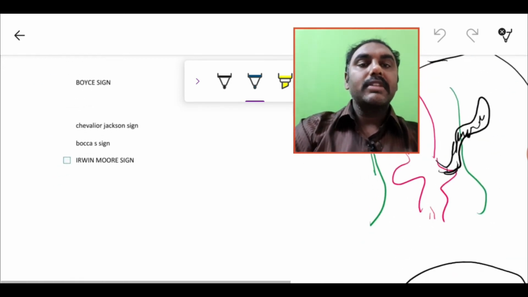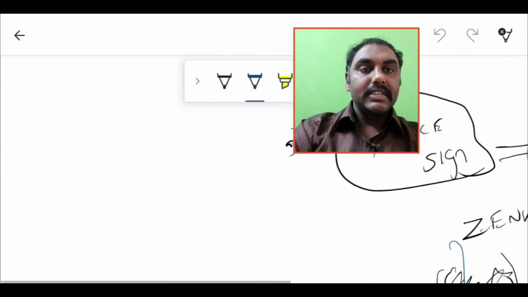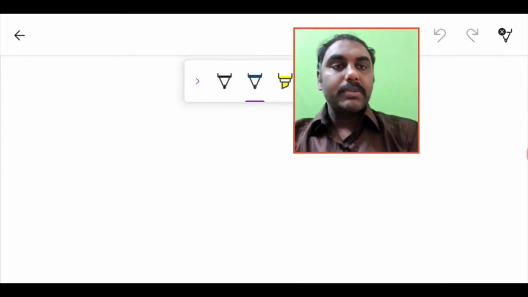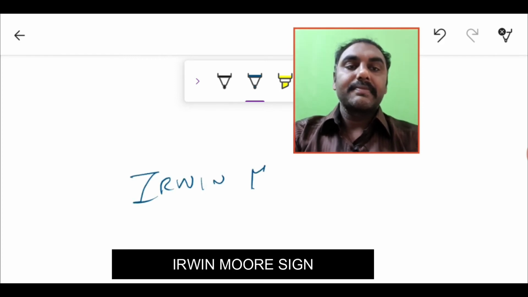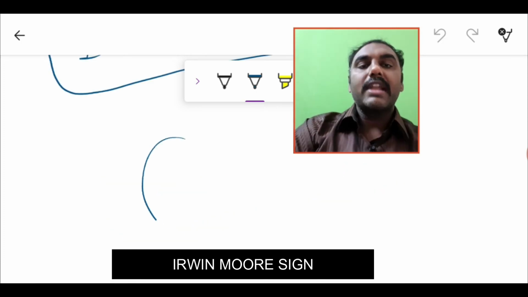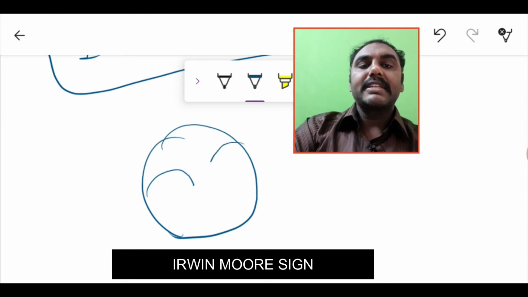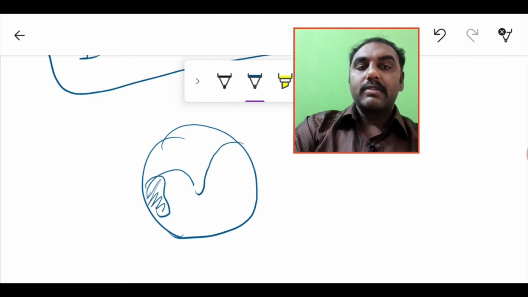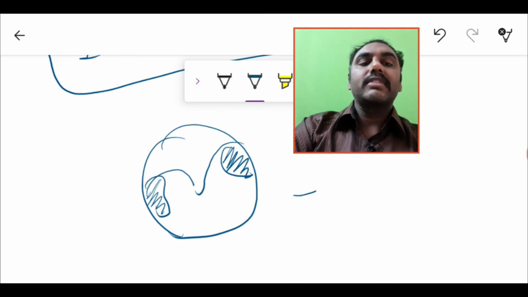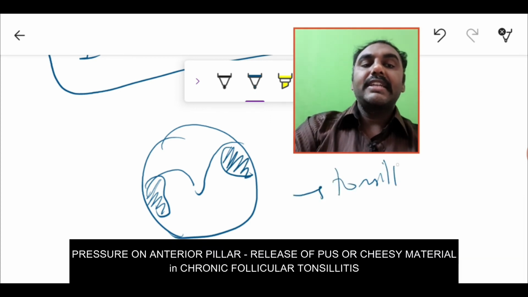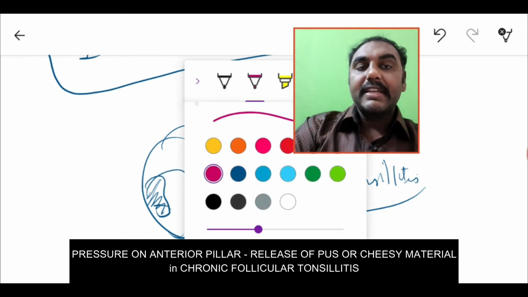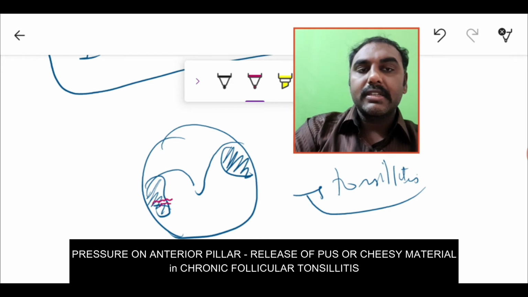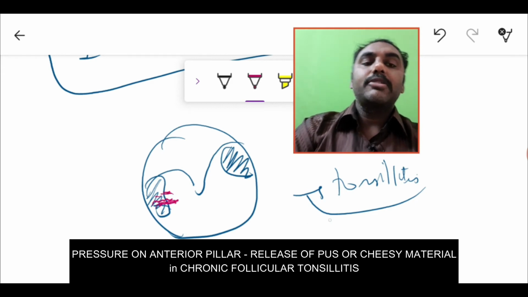Okay, so coming on to the other conditions in the pharynx. In the pharynx, we have two other important signs, one called Irwin Moore sign. What happens here? While we press with the tongue depressor, when there is an active infection over the tonsillar area, we could see some pus coming out, as if there is some squeezing of pus.